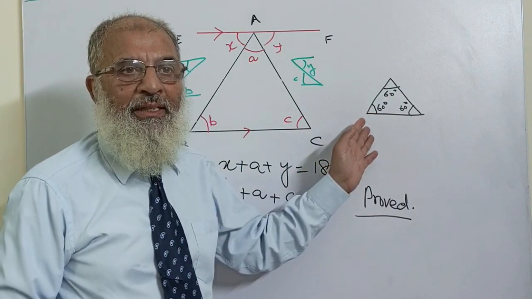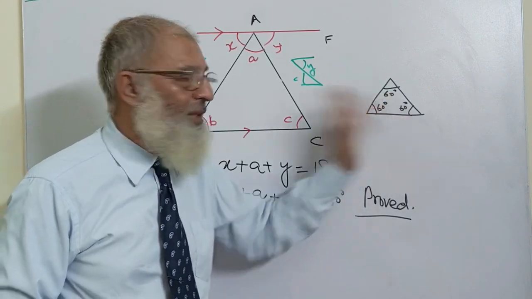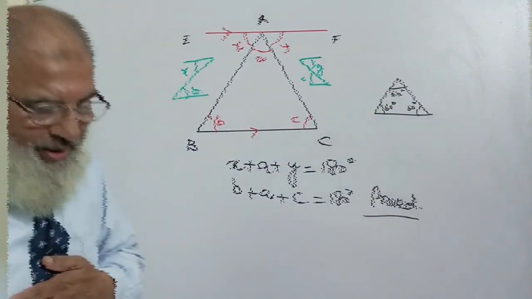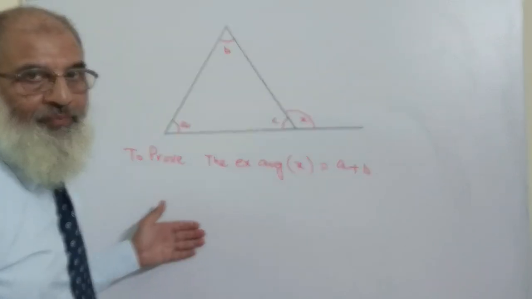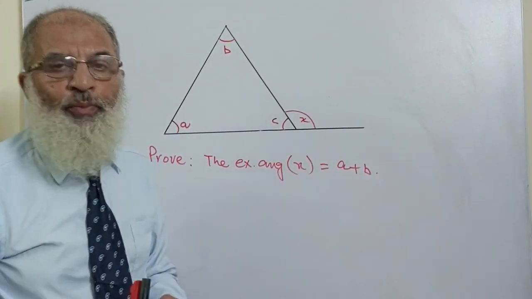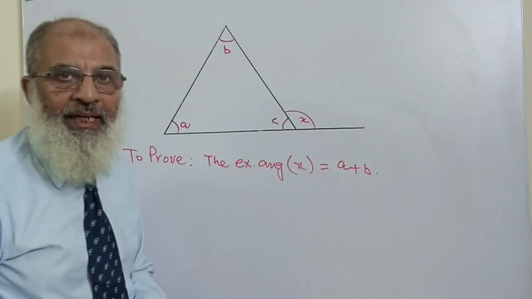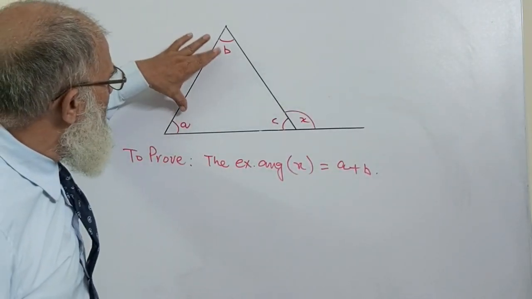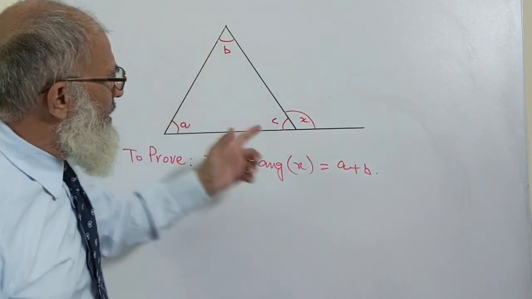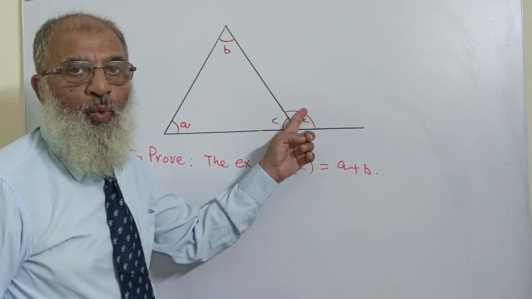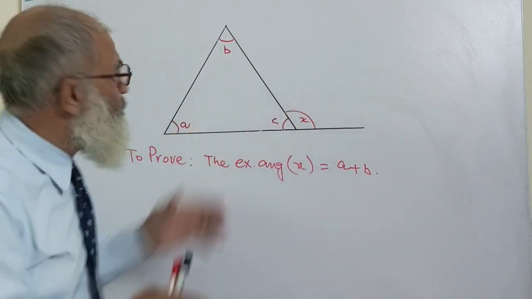So if you add them, it will give you 180 degrees. Now dear students, what I told you about the first property of the triangle is that the sum of two interior angles is equal to the one exterior angle opposite to them.